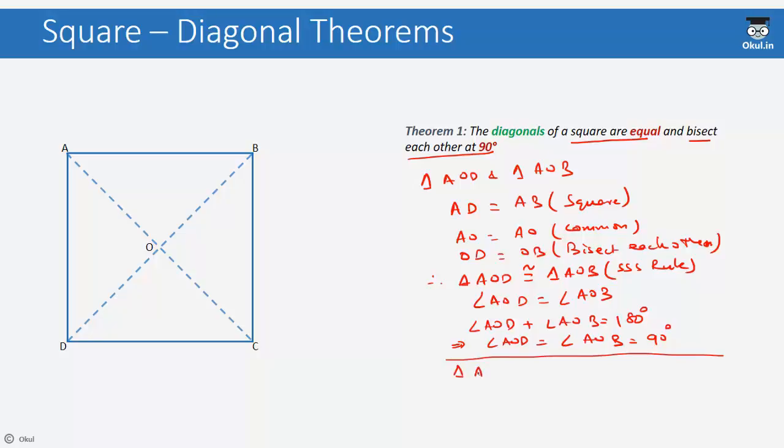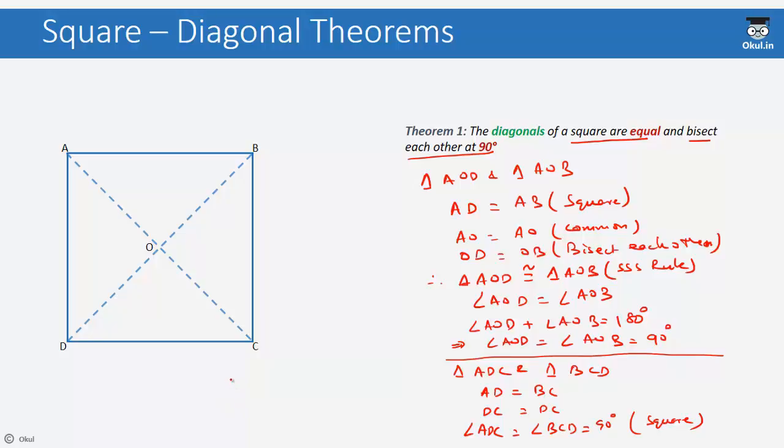For this, let's take triangle ADC and triangle BCD. Here, we know that AD is equal to BC, DC is equal to DC, which is common. Angle ADC is equal to angle BCD is equal to 90 degree because it is a square and all the angles of a square are 90 degree.